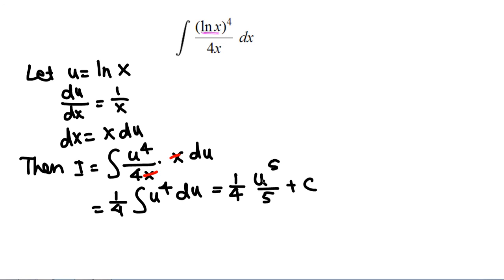Back substitute the value of u, that's natural log of x. We are done. 4 times 5 is 20, so we can write 1 over 20 times natural log of x to the 5th, plus c. Final. You can make an educated guess, which reduces a couple of steps.